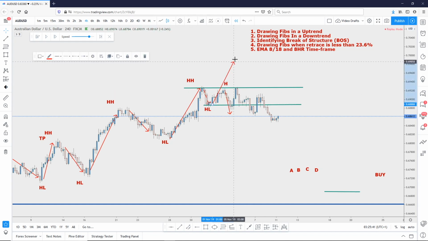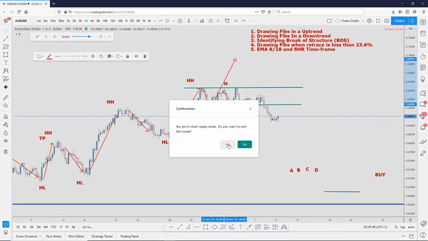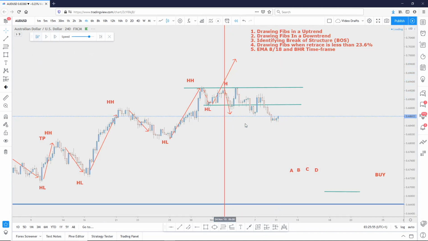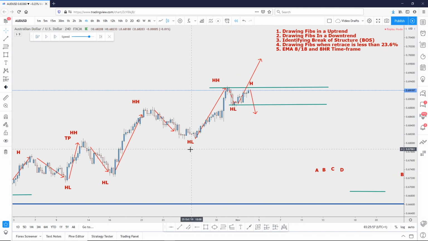We're expecting it to make a higher high, but let's use the replay tool here. So say we're here. Price is making a higher low, higher high, higher low. It doesn't make a higher high. It just makes a high. We were expecting a higher high.